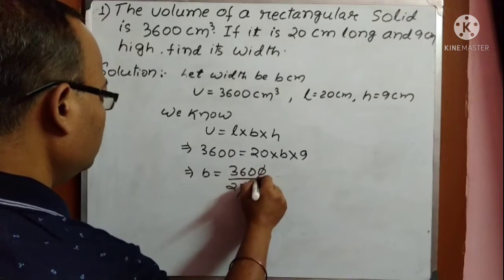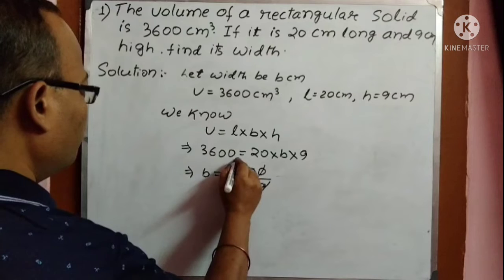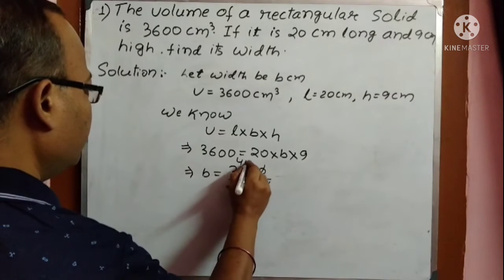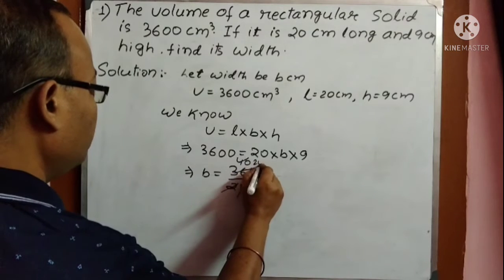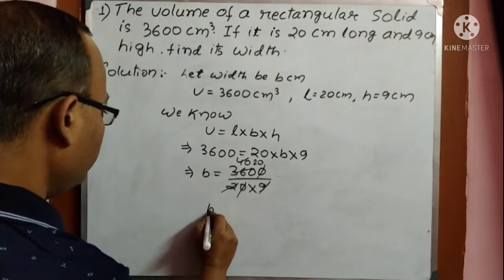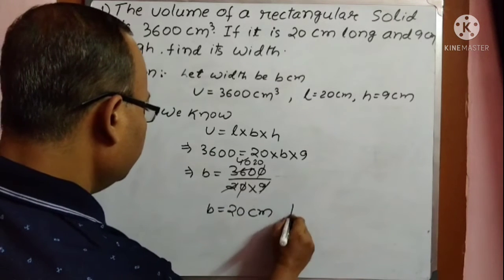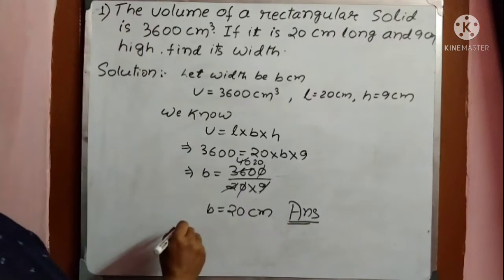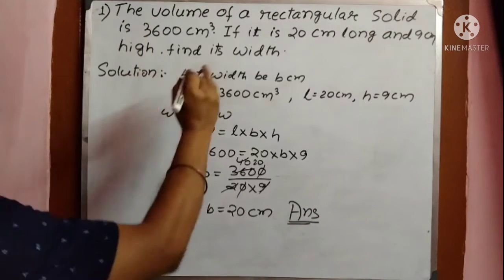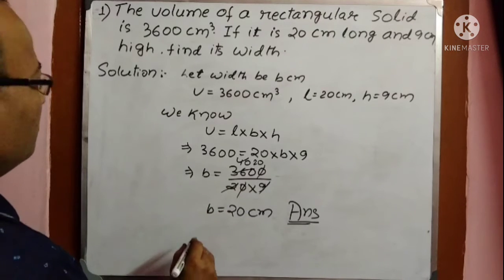So, this 0 gets cancelled. So, 9 4s are 36, and 1 0, and it will come 20. So, B is equal to 20 centimeter. So, this is your answer. Your width is equal to 20 centimeter.